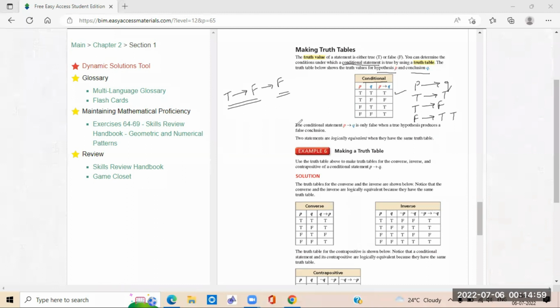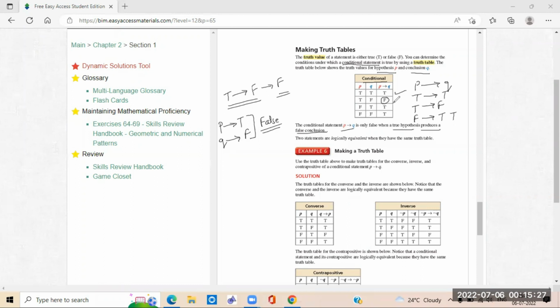You can see the conditional statement P implies Q is only false when a true hypothesis produces a false conclusion. So if the hypothesis P is true and Q is false, then the combination is going to be false. A true hypothesis cannot produce a false conclusion. Therefore, this is the only case where we have false.